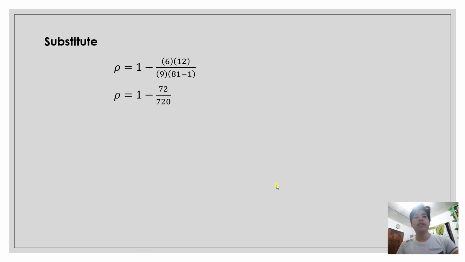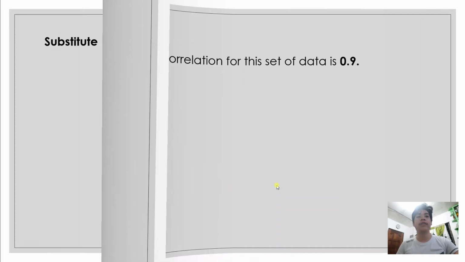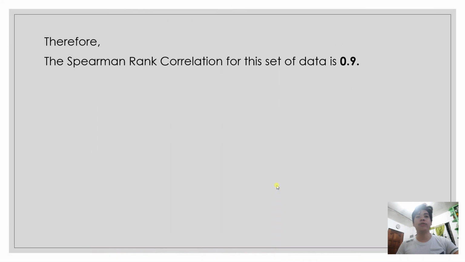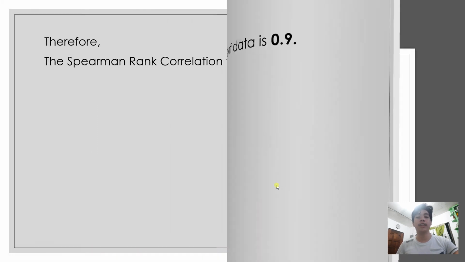Then multiply using PEMDAS. 6 times 12 equals 72. Then 81 minus 1 is 80, times 9 is 720. Then divide: the quotient of 72 over 720 is equal to 0.1. Then rho is equal to 1 minus 0.1, which is 0.9. Therefore the Spearman correlation for this set of data is 0.9.